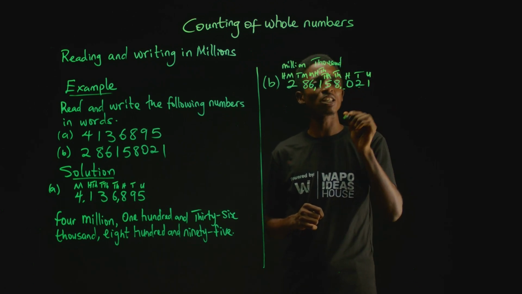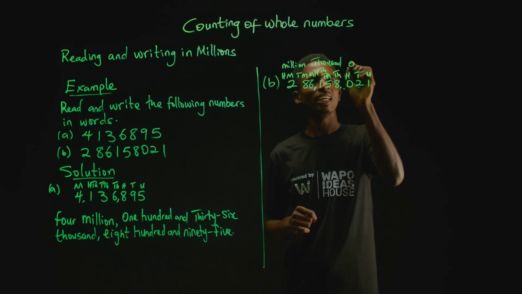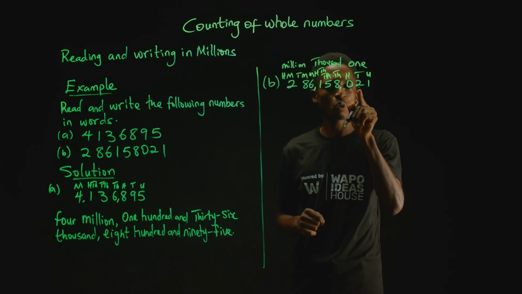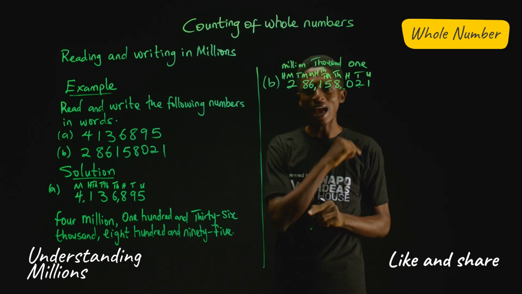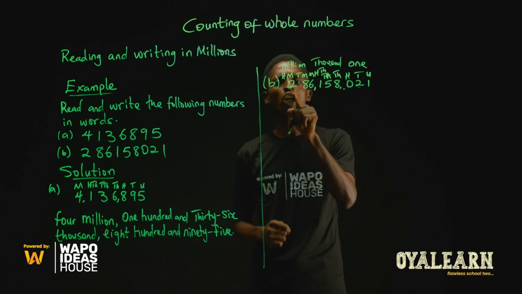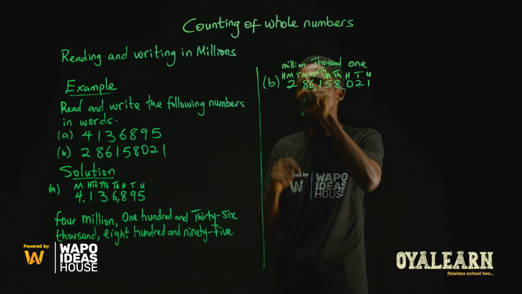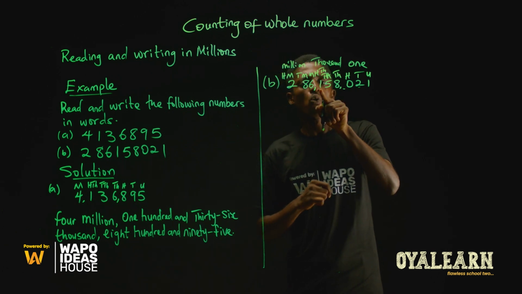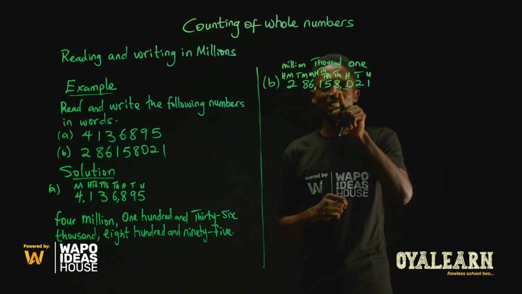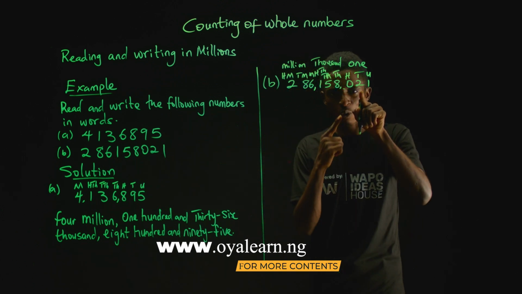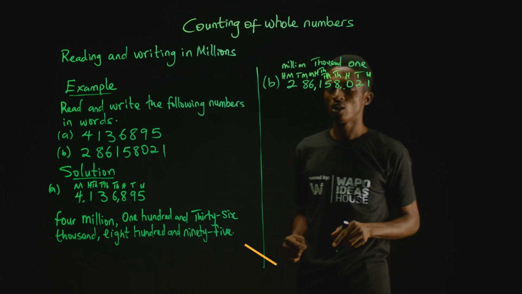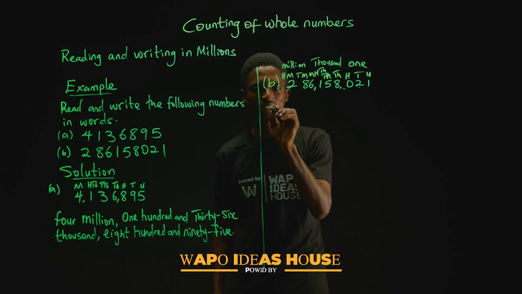That is what we have here is what? 21 in the ones category. So 21. So if we read this together, what we have is 286 million, 158,021. Let's write that out.